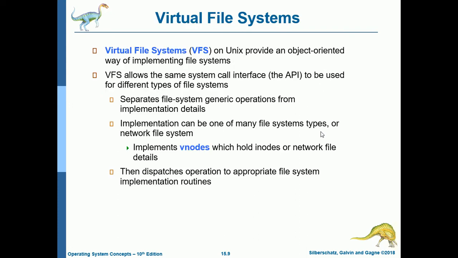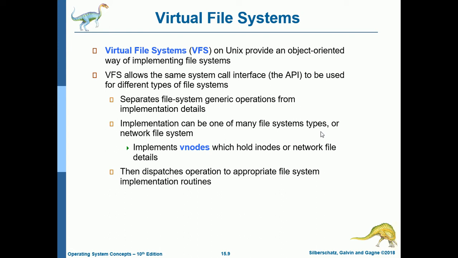Virtual file systems, or VFS, on Unix provide an object-oriented way of implementing file systems. VFS allows the same system call interface, or the API, application programming interface, to be used for different types of file systems. This VFS separates file system generic operations from implementation details, and implementations can be one of many file system types or network file system.